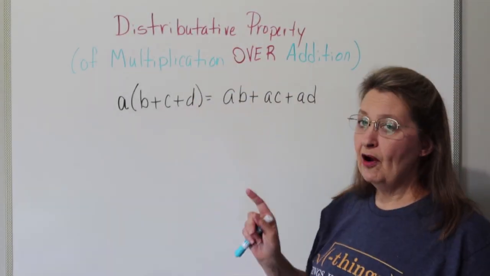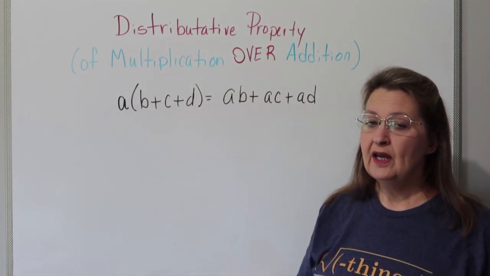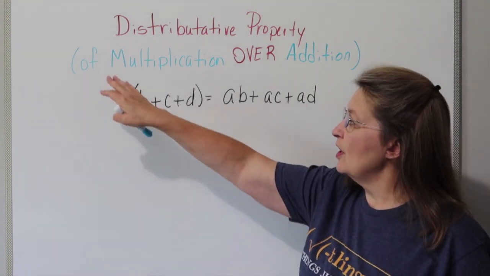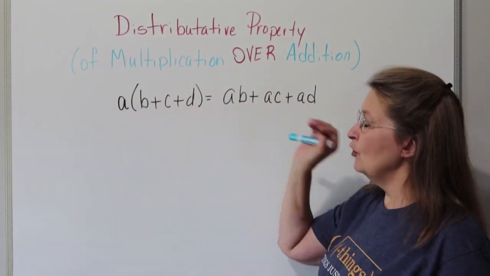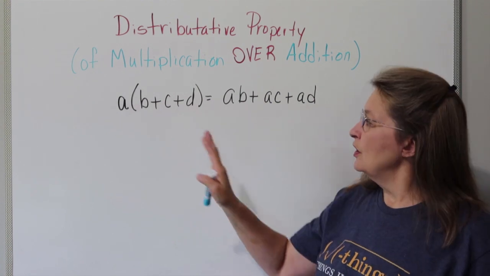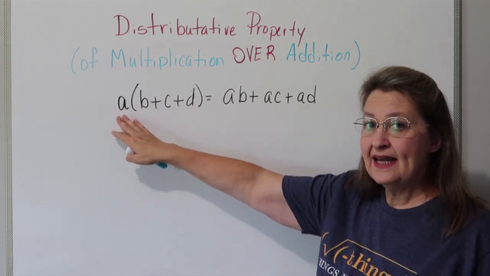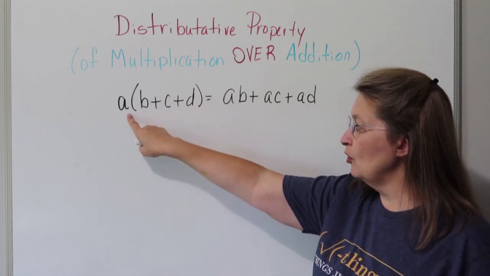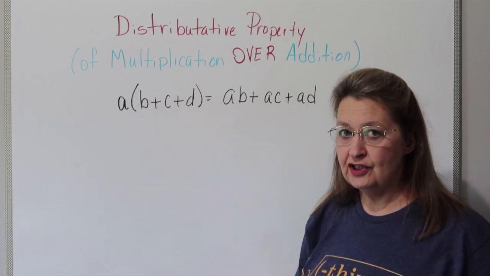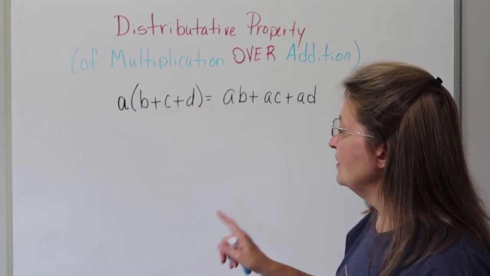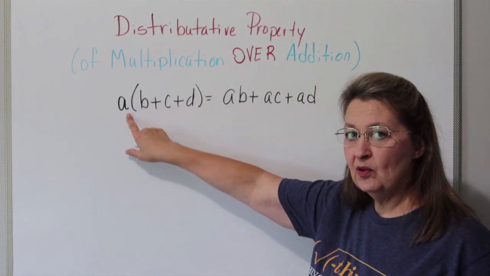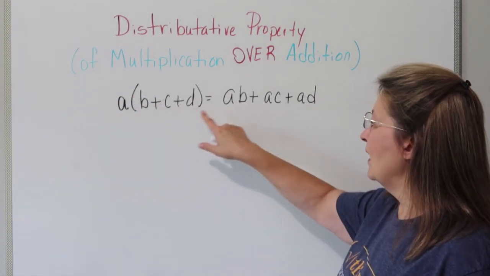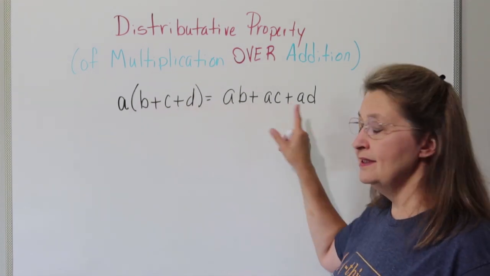I know the distributive property is one you're all familiar with. Now, the distributive property is of multiplication over addition. So, for example, I have A times a set of numbers that are added together. So here's your multiplication over addition. And the distributive property says when you have a number outside the parentheses, you can multiply it times each number inside.